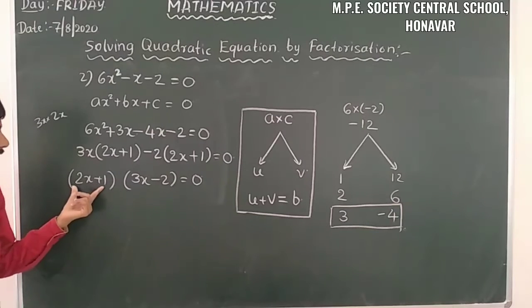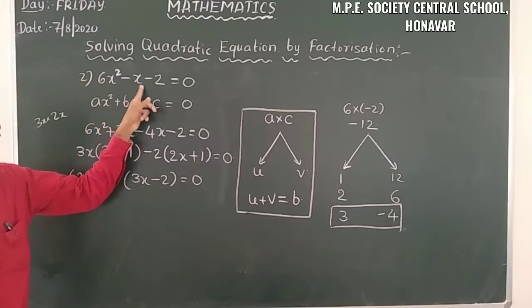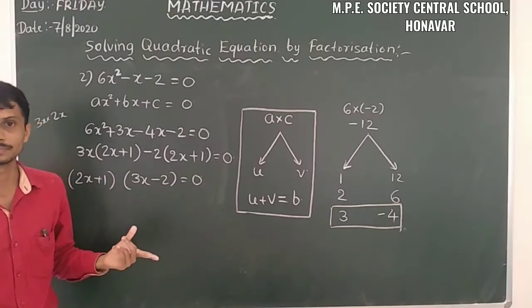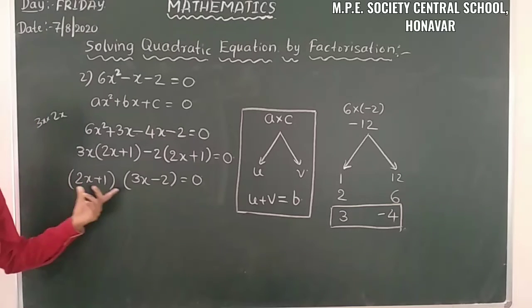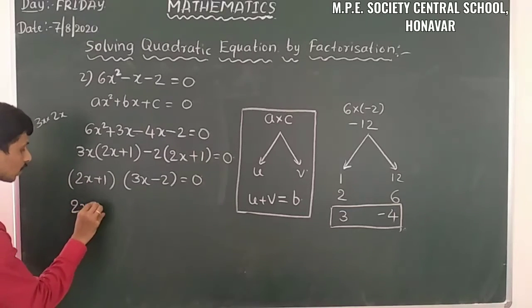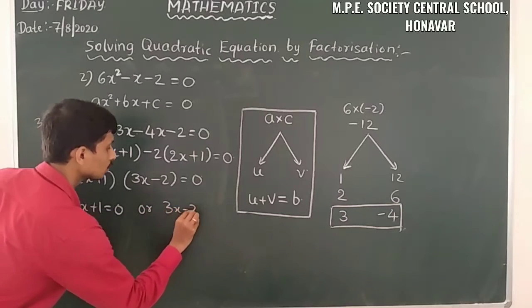That means 2x plus 1 and 3x minus 2 are the factors of 6x square minus x minus 2 is equal to 0. This is the method of factorization. After that, we have to find the roots. That is, we have to equate both factors to 0: 2x plus 1 is equal to 0 or 3x minus 2 is equal to 0.